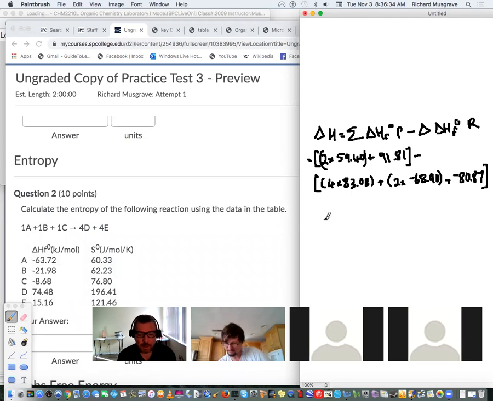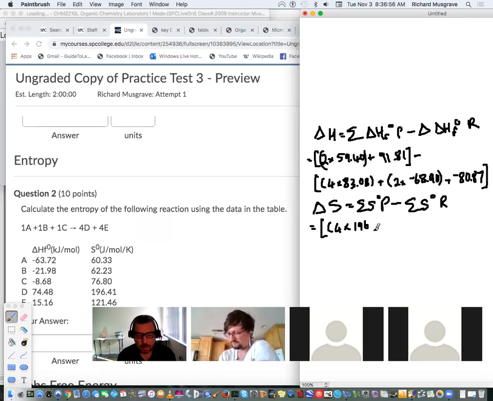So the other one, now Alex, this is entropy, and delta S is the sum of the entropies of the products minus the sum of the entropies of the reactants. So same kind of setup, and this one's going to be 4 times 196.41 plus 4 times 121.46.